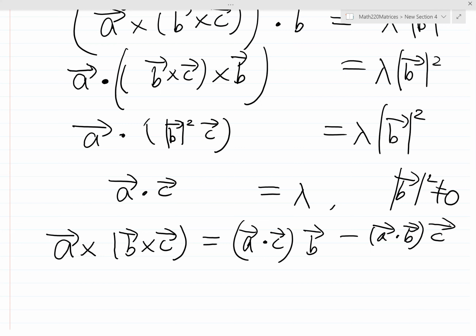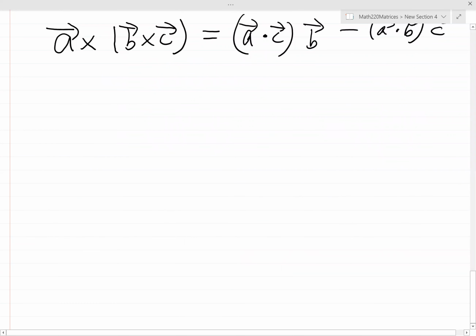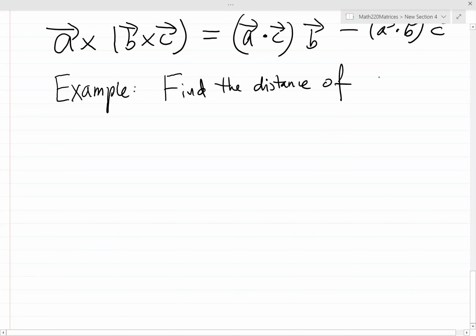Next problem. Find the distance of a point to a plane. Example. Find the distance of the point P (2, 1, 4) to the plane.